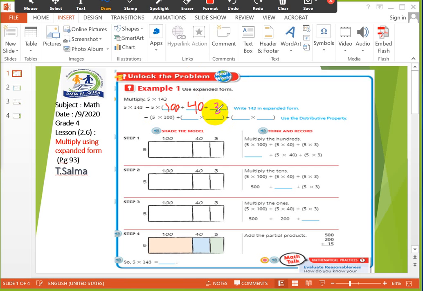Okay? So let's multiply. First, 5 multiply 100, and I will put it between parentheses. Plus I will multiply 5 with 40, and put it between parentheses.